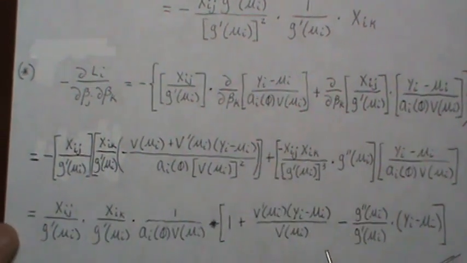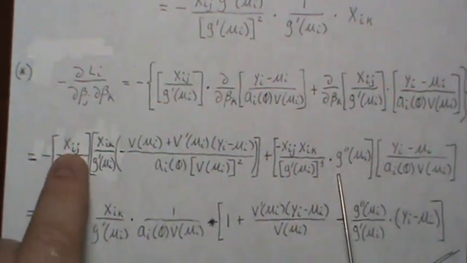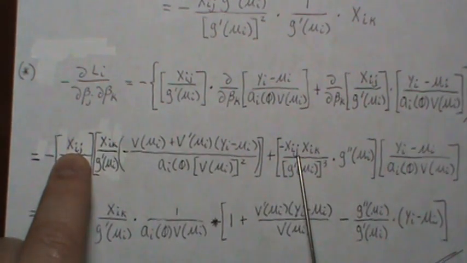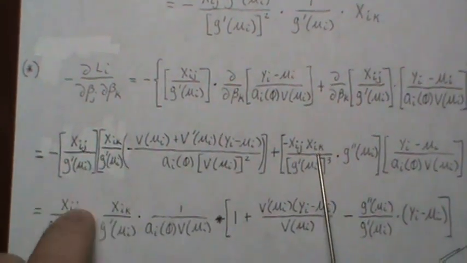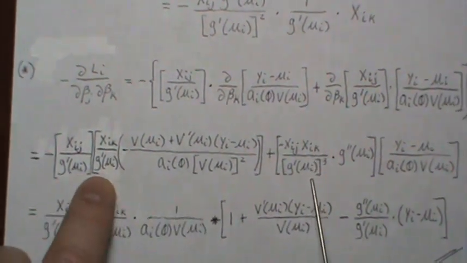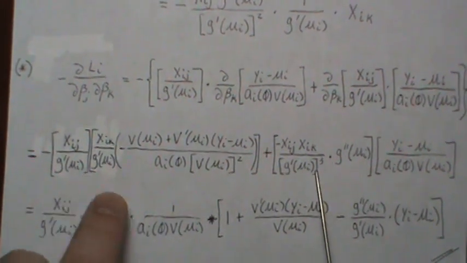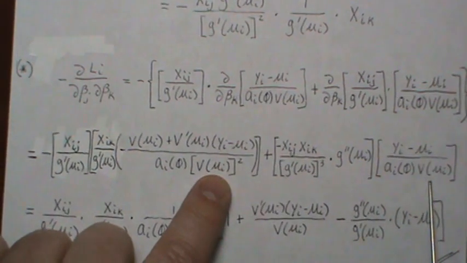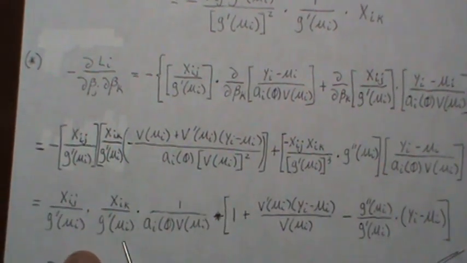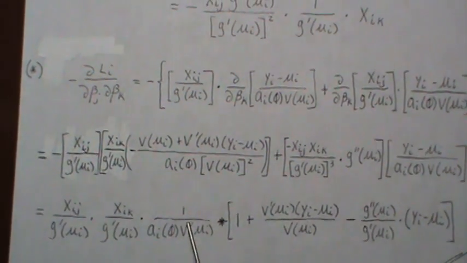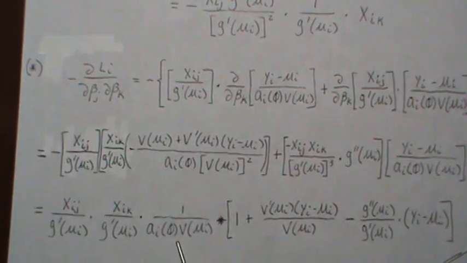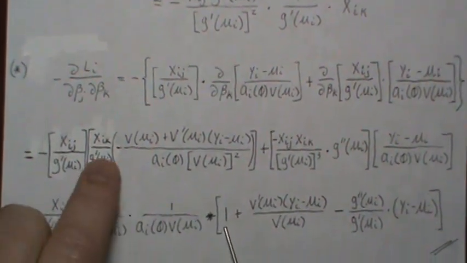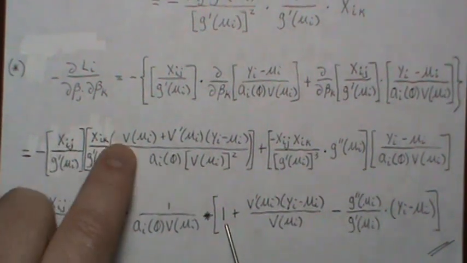Now in here there's an x_ij, there's an x_ik, there's 2 of these, so we'll have to leave one of those behind. There's an a_i in both, there's one of these variance functions, so all those are factored out here. And I left them in pieces like this instead of writing them as one fraction. So that's factored out.